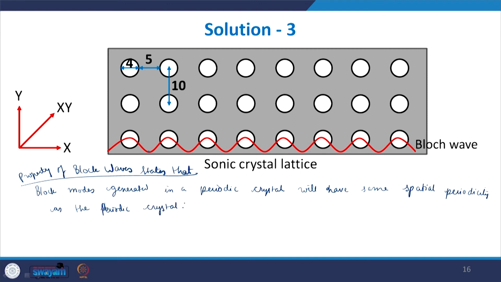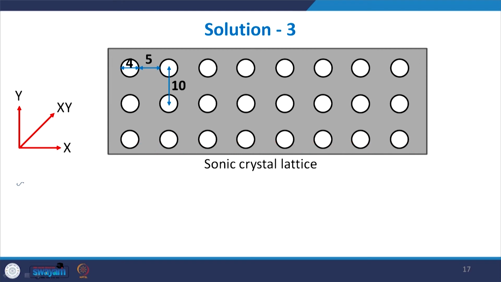So with this property, let us now solve what is the period for the three directions. Part A: I have to find the period when the wave is incident along the x axis.